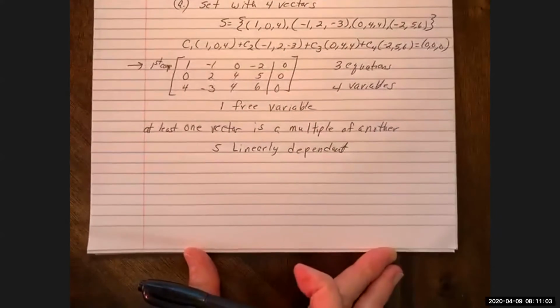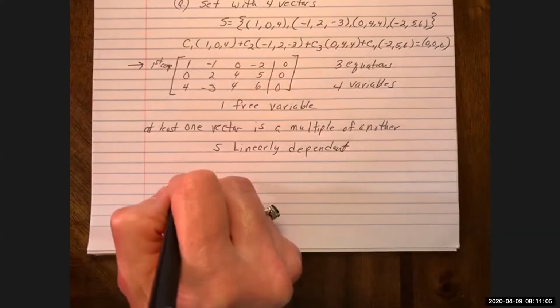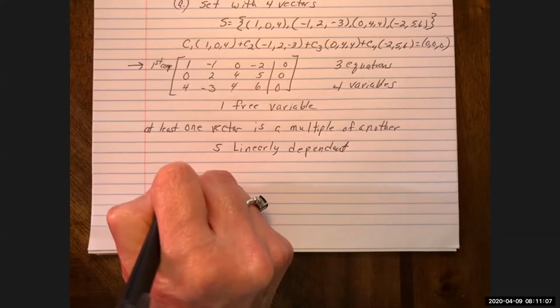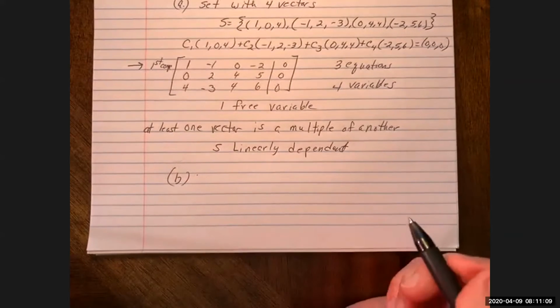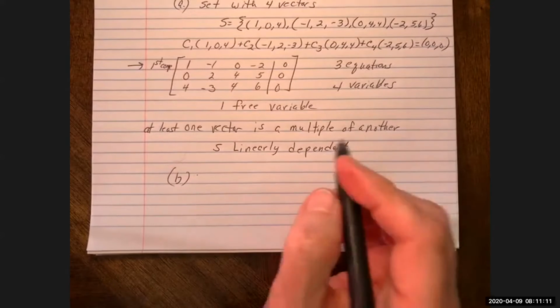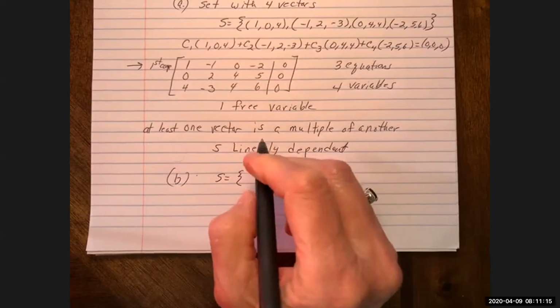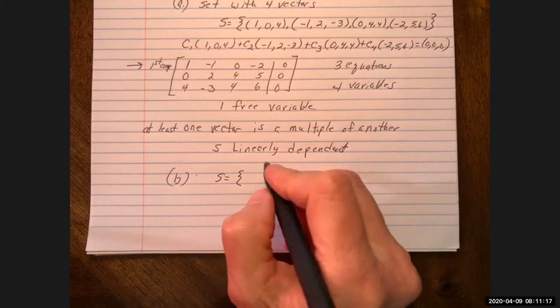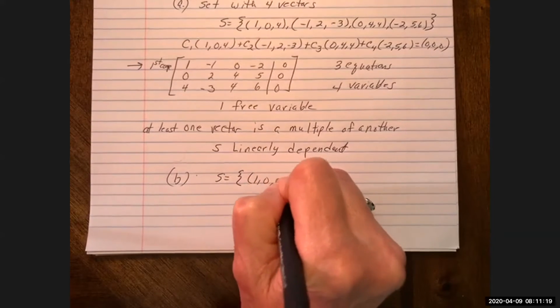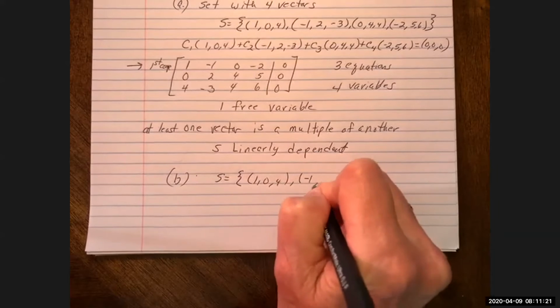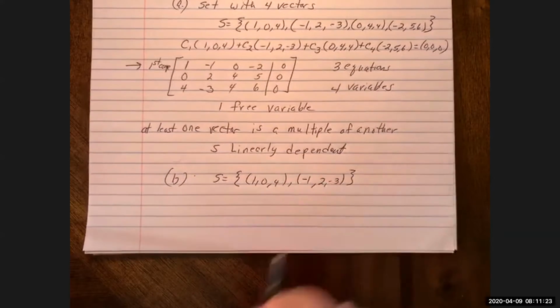All right, let's do the same thing with B. But let's suppose we have less than 3 vectors. So I'm going to say S this time is, let's say it's 1, 0, 4, and -1, 2, -3.